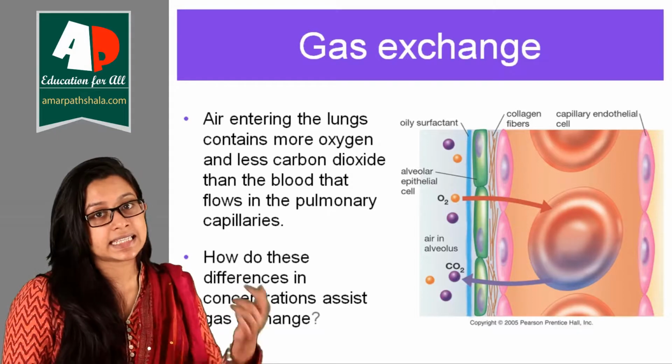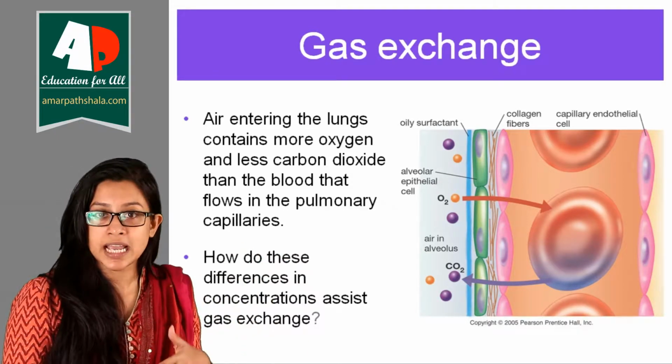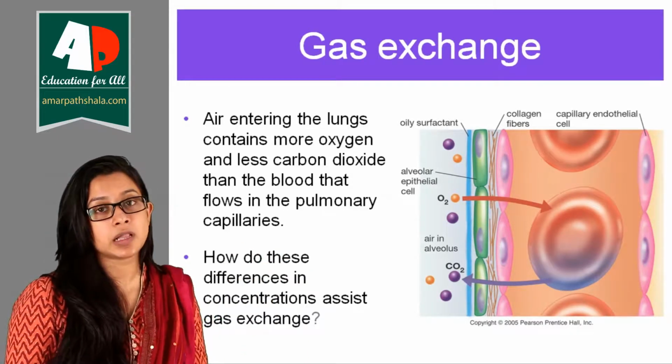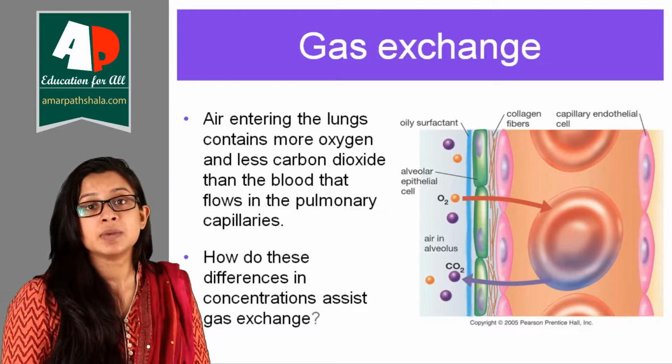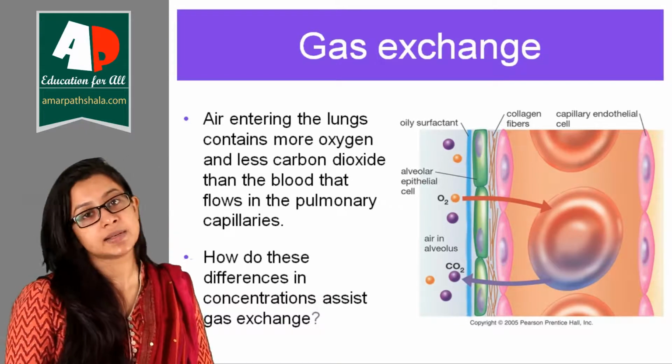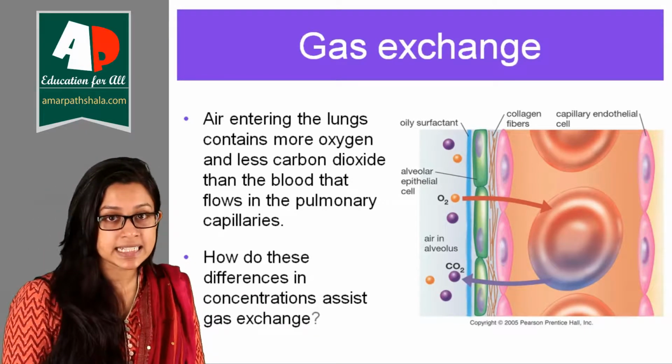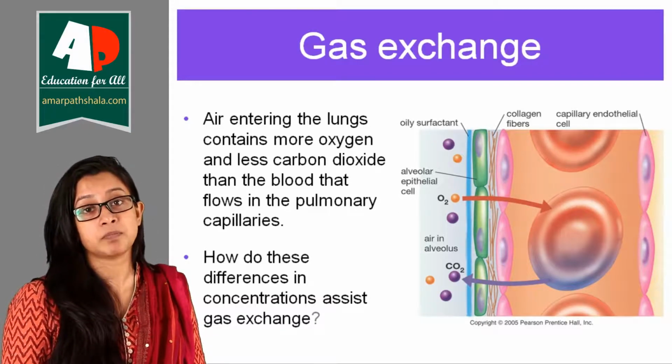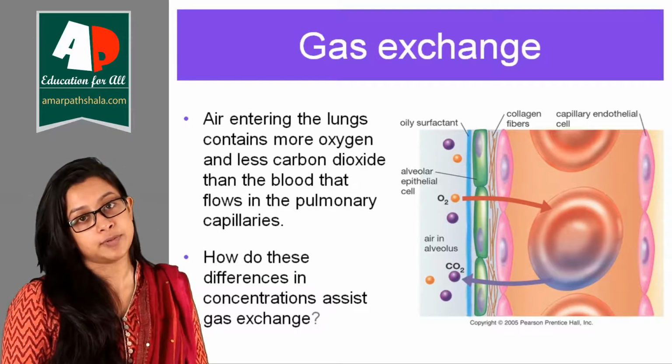So we need that gas to come inside our body, and we need to expel carbon dioxide. Why? Because for our body it's a poisonous gas and we don't really need it. It is produced as a byproduct of respiration.